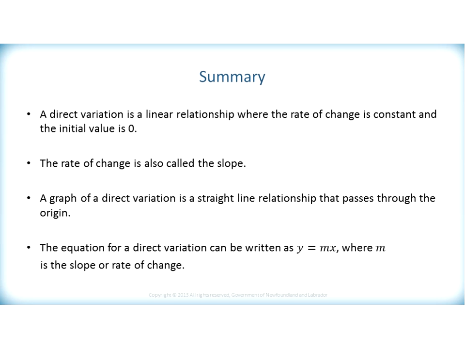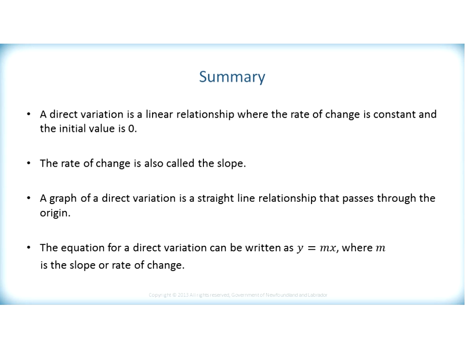So to summarize this, a direct variation is a linear relationship where the rate of change is constant and the initial value is 0. The dependent variable is always a multiple of the independent variable in a direct variation relationship. The rate of change, we also said, can be referred to as a slope. So it's important you remember that.